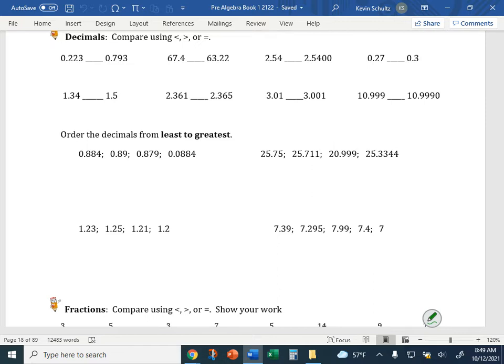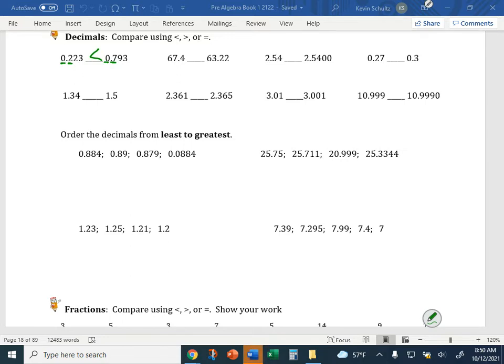Sure, you can just use place value, right? They both have 0 in the ones place, so we can move on to the next one. But then we go to tenths, and we're comparing 2/10 with 7/10. Does it matter what comes after that? No. Right there in that tenths spot, because this is 2/10 compared with 7/10, that's going to be less. Doesn't matter what happens afterwards.